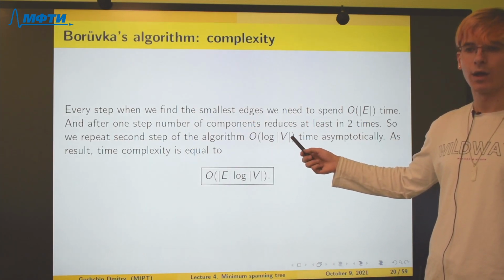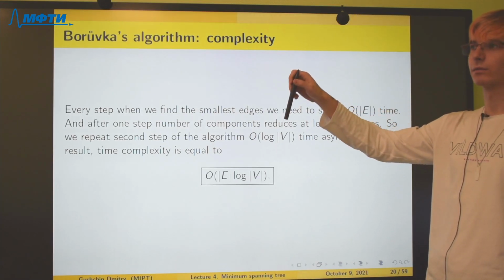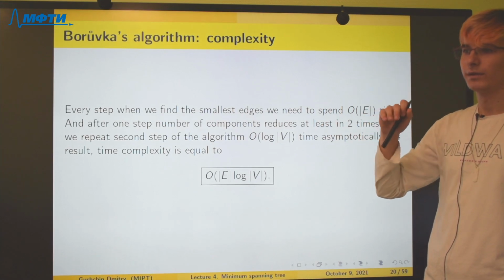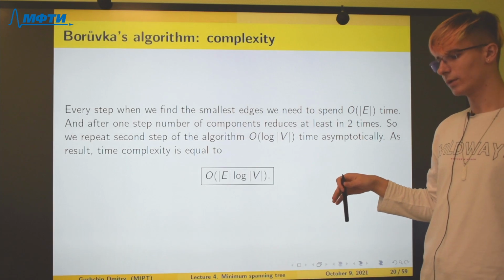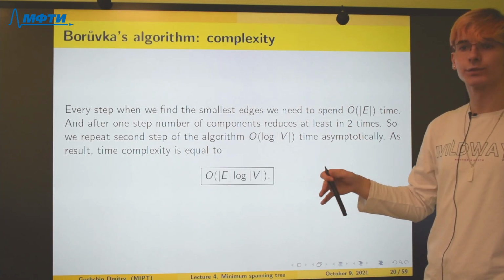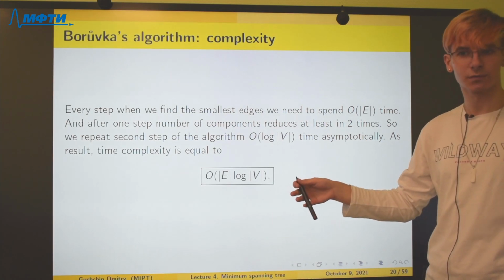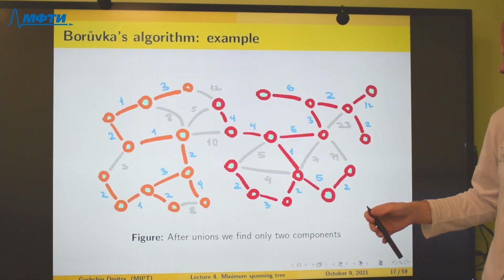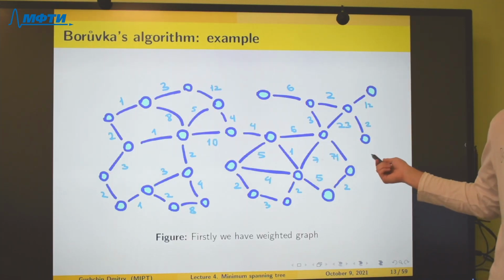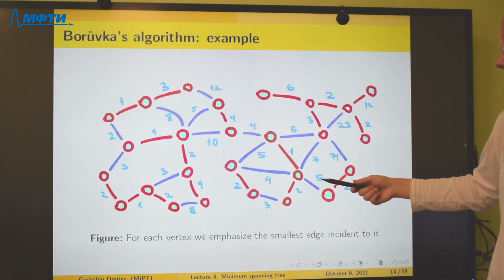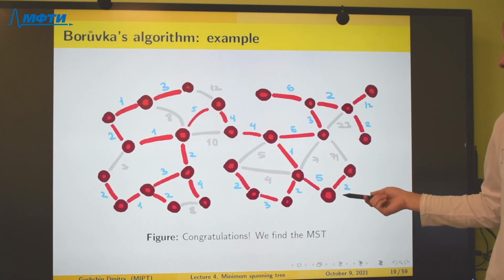Why? Because in each step we connect one component with another, and the number of components in each step will decrease by 2 times or more than 2 times. Yeah, we can say that firstly we have 26 components. Then we have 8 components. Then we have 2 components. Then we have 1 component.